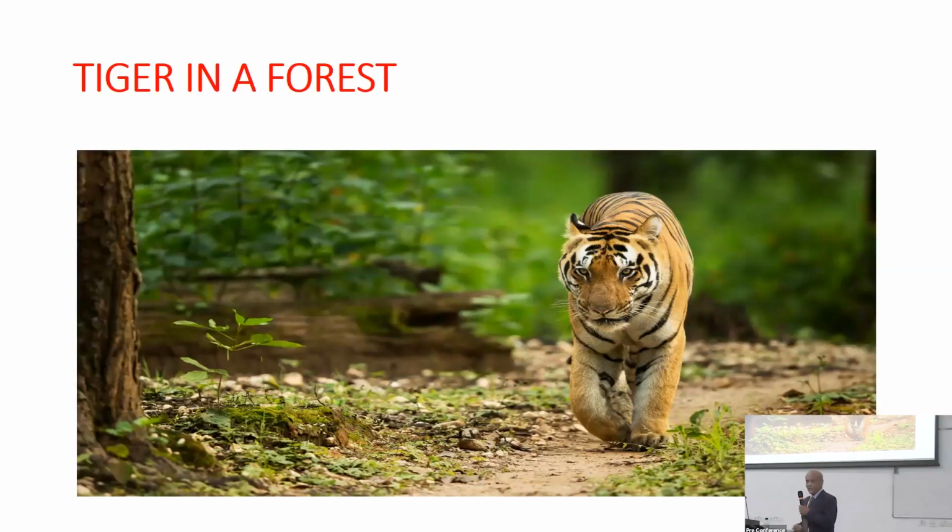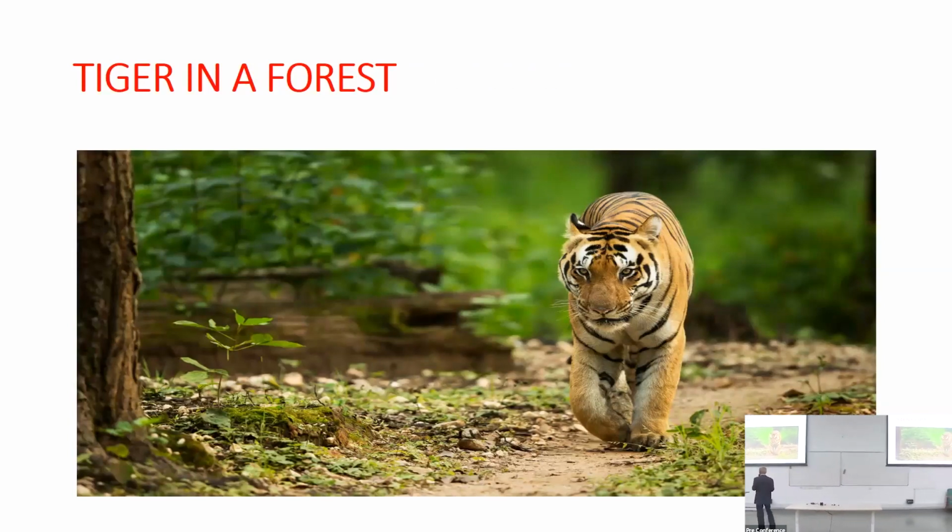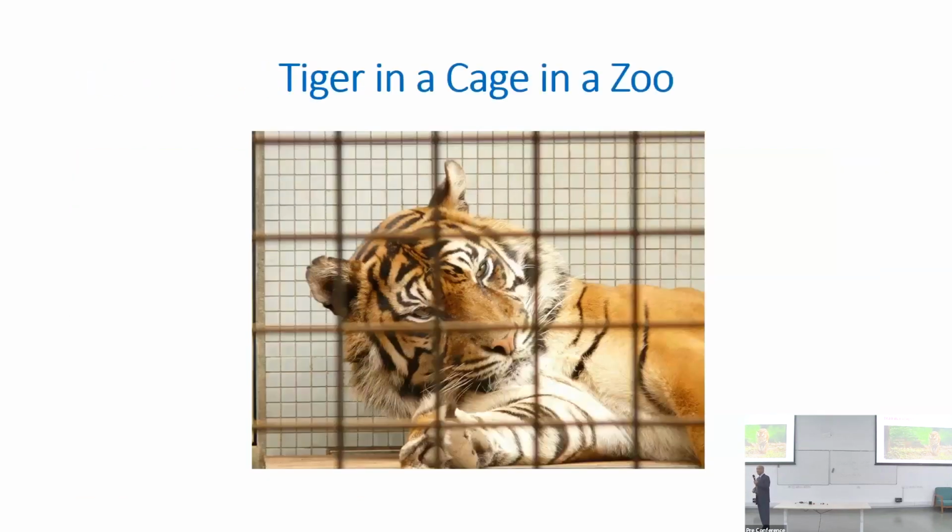If you look at this, there is a tiger in a forest. Nobody goes nearby. They can see it only in a picture. But if you go nearby, it's a man-eater. It will simply kill. The same tiger is now in a cage. Once in a cage, even small kids go and play with it.